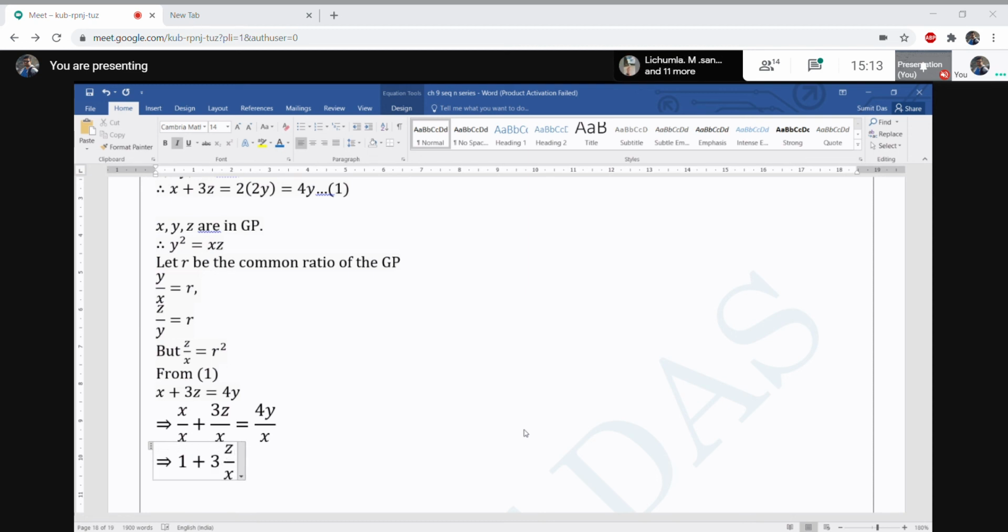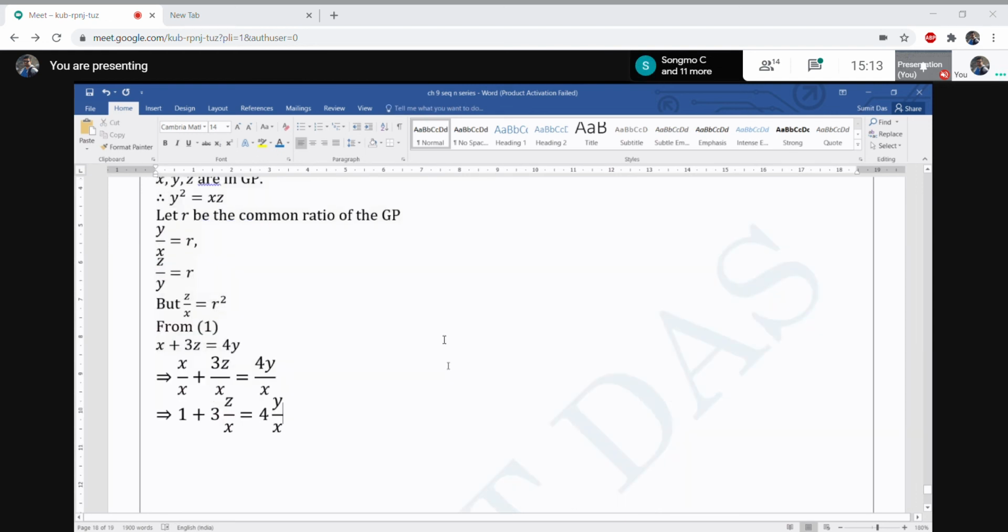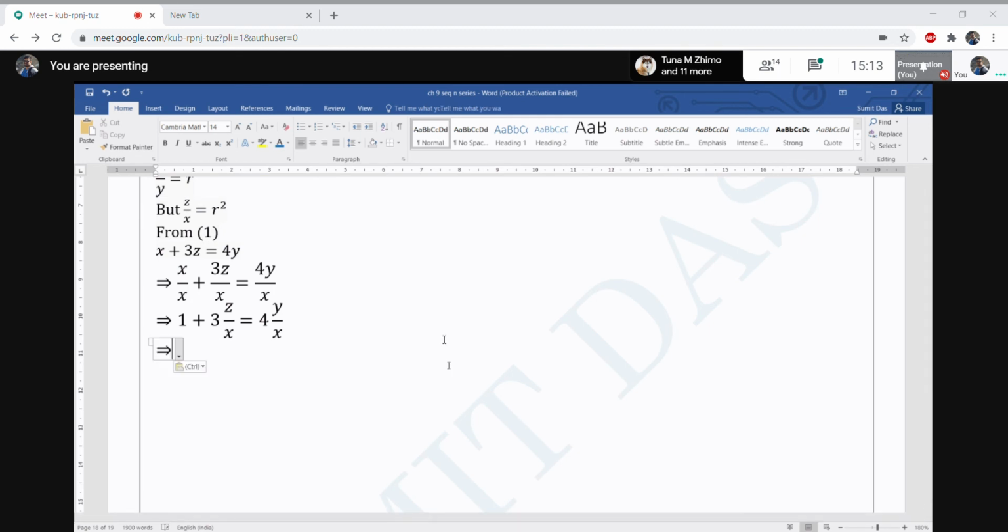Equal to 4y by x. Now look, we have these two values: z by x is r square and y by x is r. We'll put the values. So next line it will be 1 plus 3r square equal to 4r.